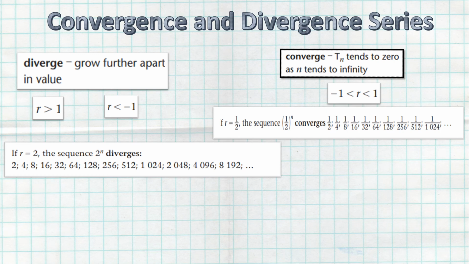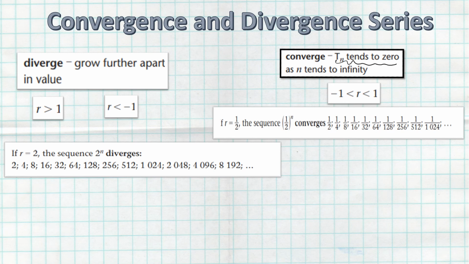So you must know what a convergent series is and what a divergent series is, right? We already talked about convergent when we were talking about sum to infinity, and we said convergent is when Tn is moving closer to 0 as n tends to infinity. That is, as you increase n, your Tn will move closer to 0, right?